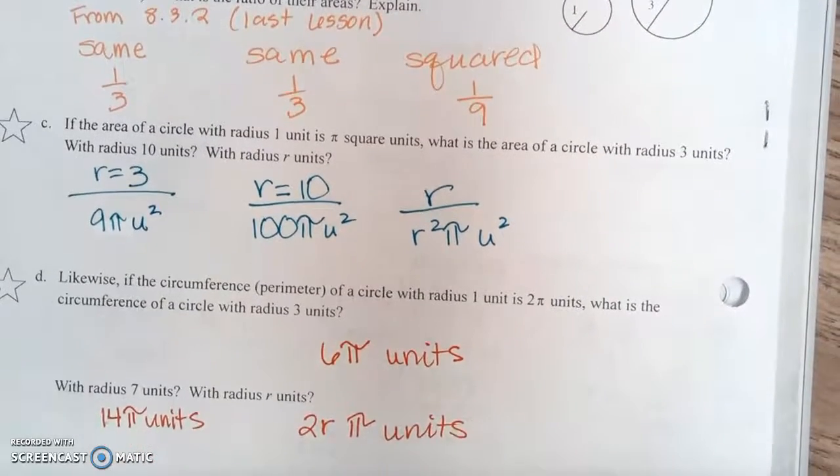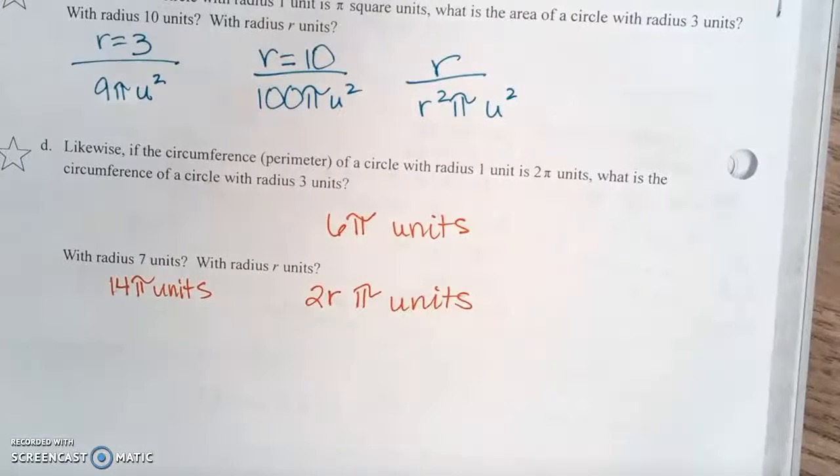Any questions on C? All right, the last question, D, says likewise, if the circumference or the perimeter of a circle with a radius of 1 is 2 pi units, what is the circumference of a circle with a radius of 3 units? It should follow the same idea, right? If the radius is 1 and the circumference is 2 pi, then for 3, we multiply by 2, and it's going to be 6 pi units.